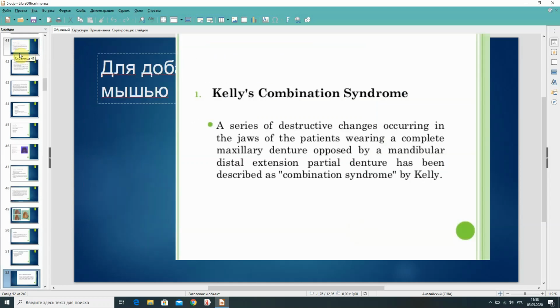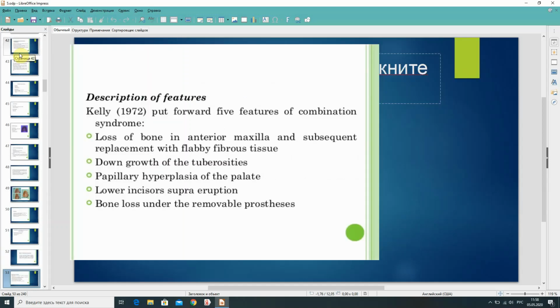Kelly's combination syndrome, a series of destructive changes occurring in the jaws of patients wearing a complete maxillary denture opposed by a mandibular distal extension partial denture, has been described as combination syndrome by Kelly. Description of features.